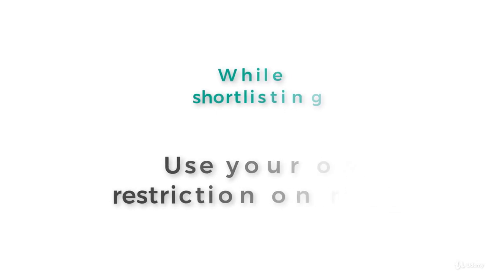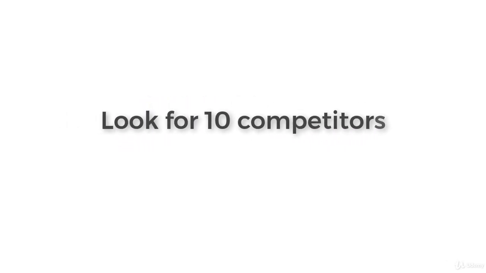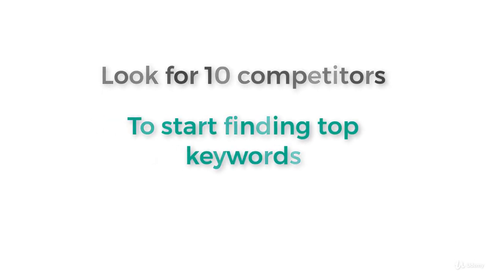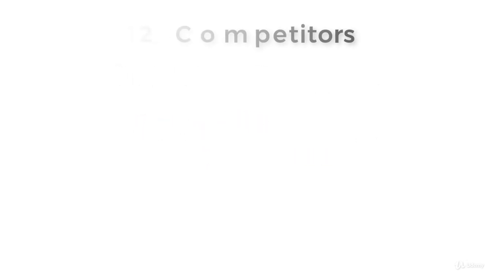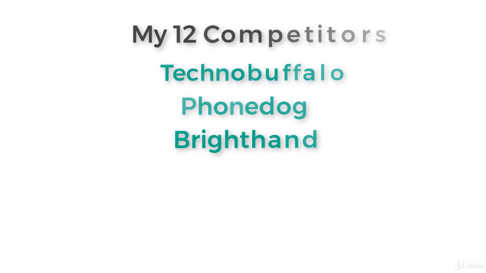I restricted myself to websites from around 5,000 to 500,000th rank. You can also choose the same, or increase or decrease the range based on the availability of competitors in your niche. Just look for 10 competitors in your niche to start finding the top keywords. In my case, I have shortlisted 12 competitors, including Technobuffalo, Phone Dog, and Bright Hand.